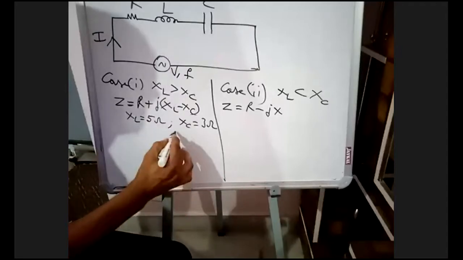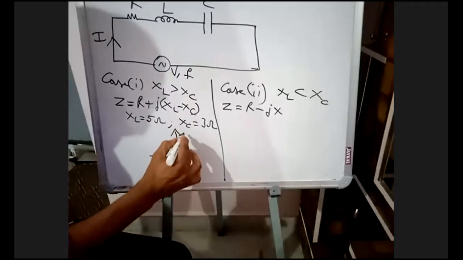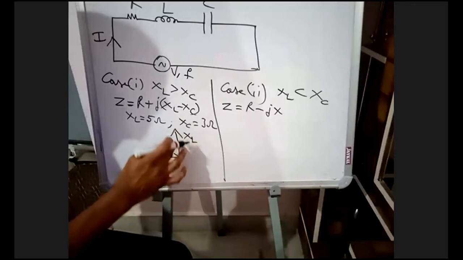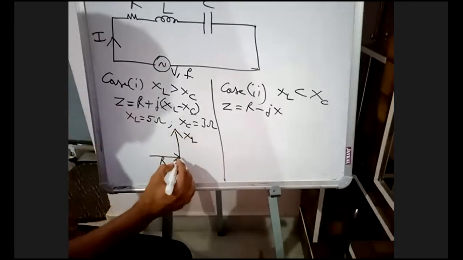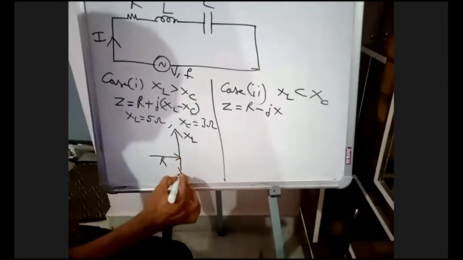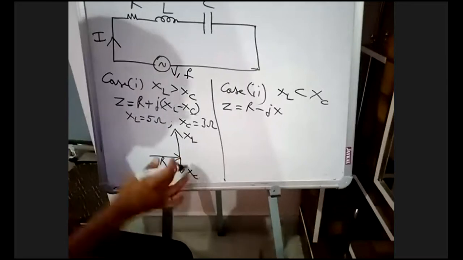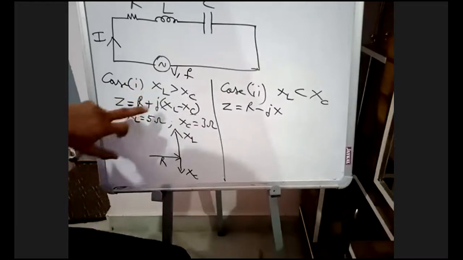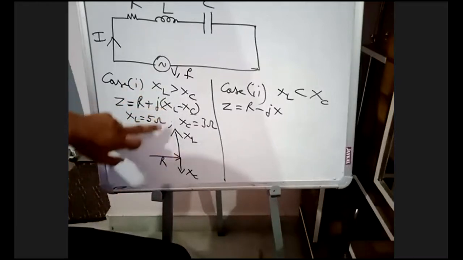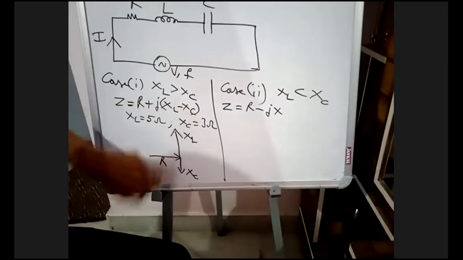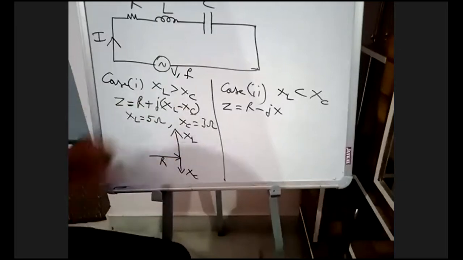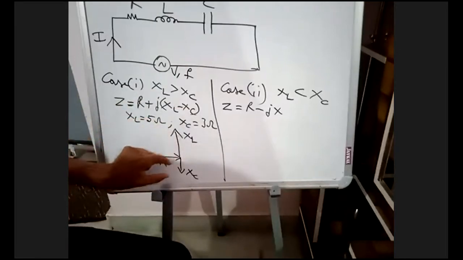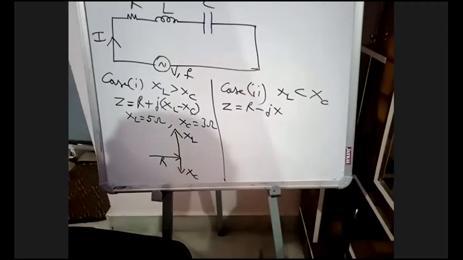XL is 5 ohms, so I am taking a 5 centimeter line. XC is 3 ohms, so I am taking a 3 centimeter line. XL is positive in the upward direction. XC is negative in the downward direction.